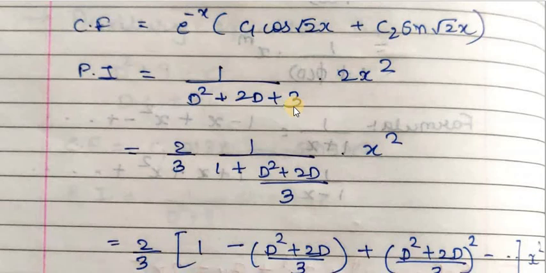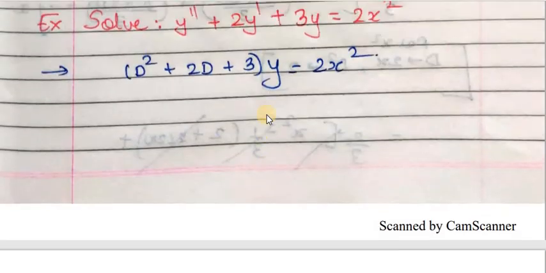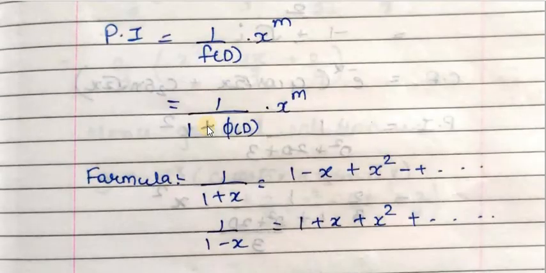If the constant value is absent in the function of d, then you have to take the least power of d common. Then it will become 1 plus phi of d. Then you have to write down 1 over 1 plus phi of d as (1 plus phi of d) the whole raised to minus 1, right?